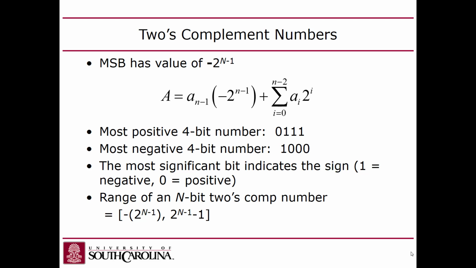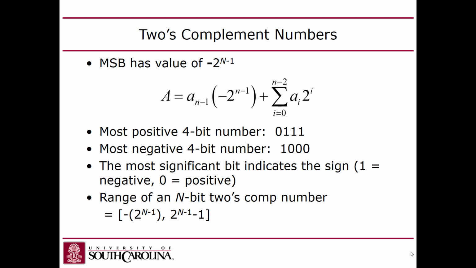So if it's a 4-bit number, 4 minus 1 is 3, 2 to the 3rd power is 8, so this would be minus 8 to 7. Guys with me? So why is it that we get more negative numbers than positive numbers? I don't know. That's just how it works. Kind of strange, unexpected.